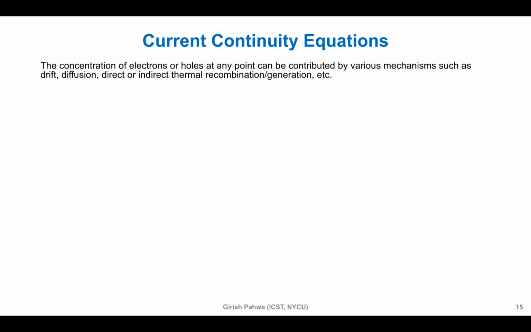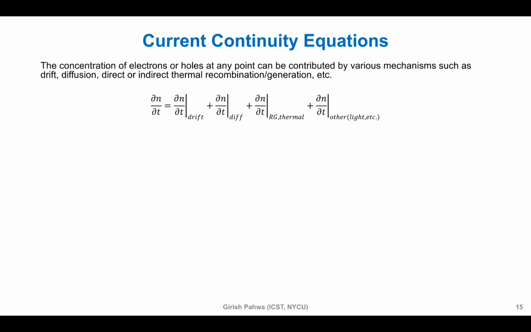if I have a point in the semiconductor, the concentration of electrons or holes at that point is contributed by several factors. What kind of factors can I have there? I can have some generation, recombination, because of thermal, which can be direct or indirect. I can have some recombination and generation because of light.